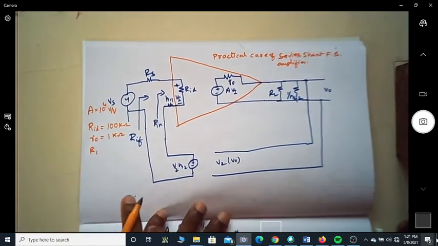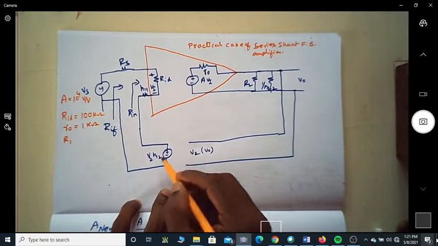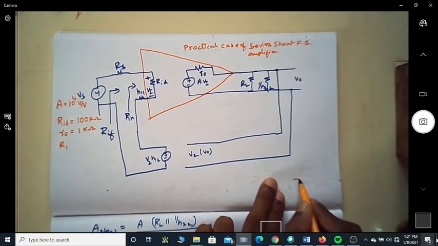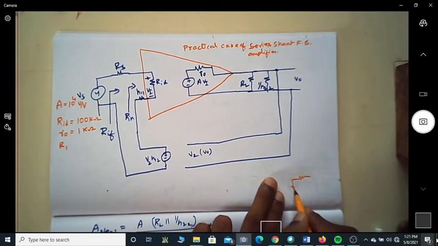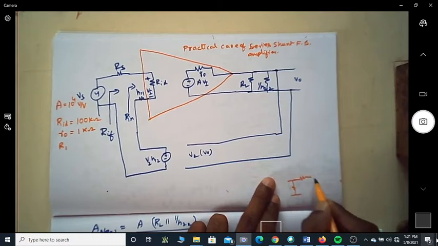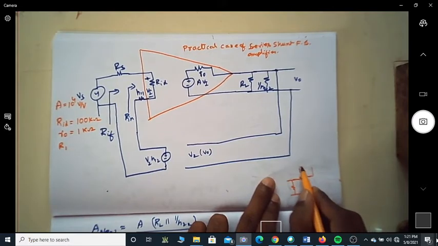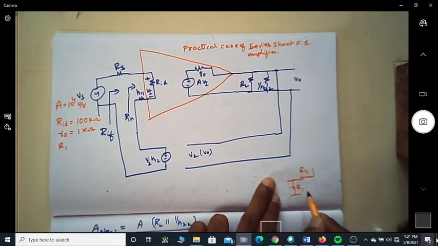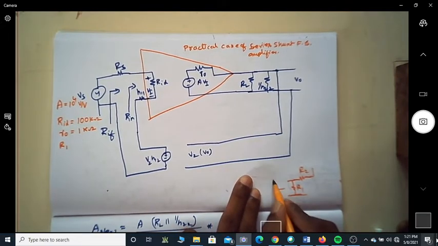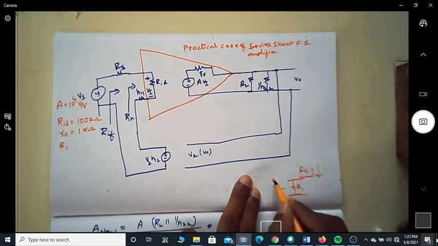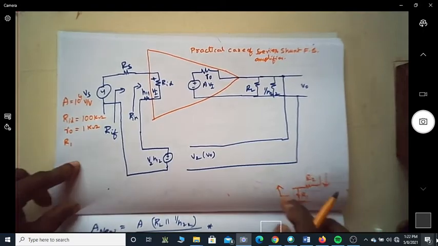So this R1, whatever we are considering here, this is how the feedback network looks like. This is connected to the output, and this is going to the input, and this is the sampled value.